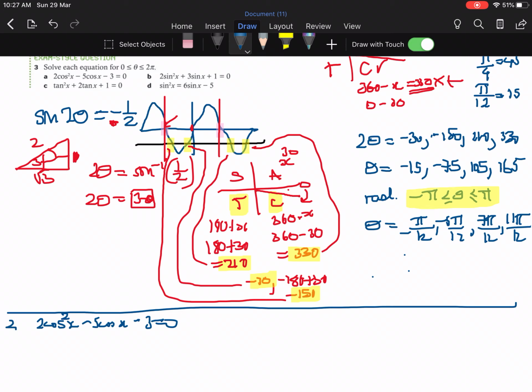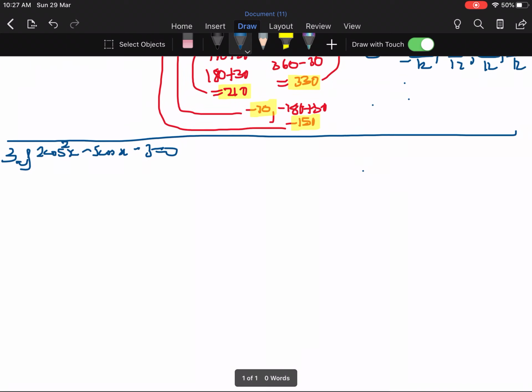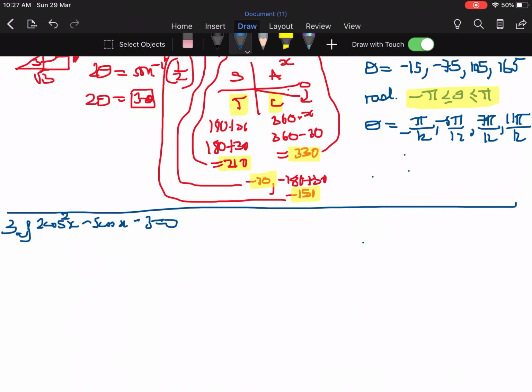So what you should hopefully see when you look at this is a quadratic equation. So what I'm going to say here is let cos x equal a. So what do I end up with now? I end up with 2a squared minus 5a minus 3 equals 0.